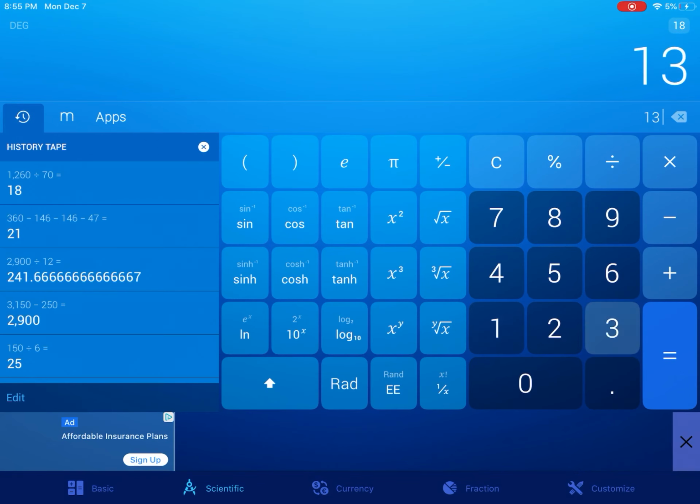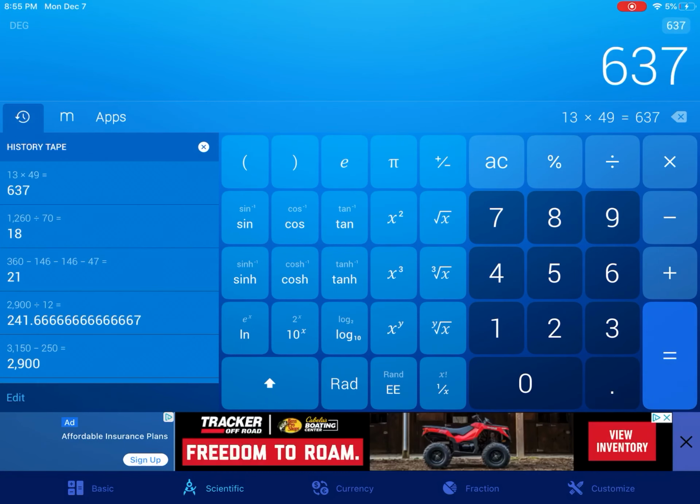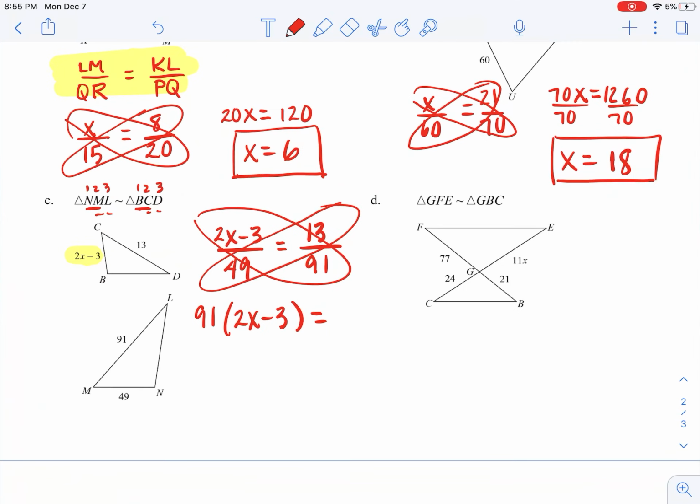Oh boy, I really wish I would have done these ahead of time. 13 times 49 is going to give us 637. Now you can distribute or you can divide by 91. I think most of you would distribute, so that's what I'll do. 91 times 2 gives us 182x. Minus 91 times 3 gives us 273. That equals 637.